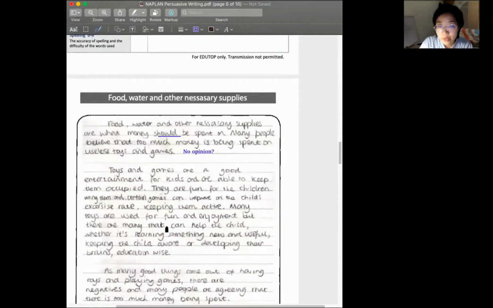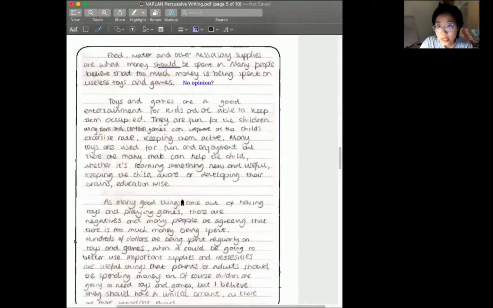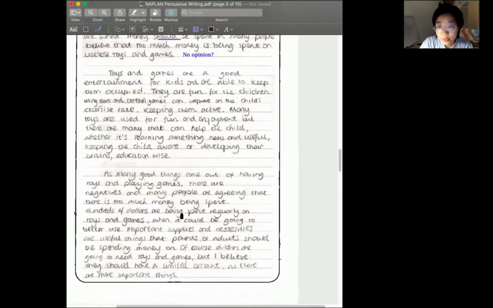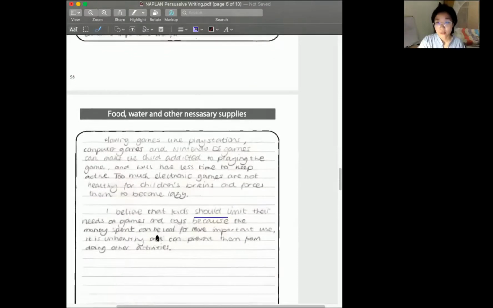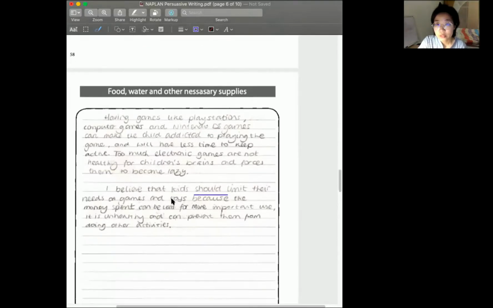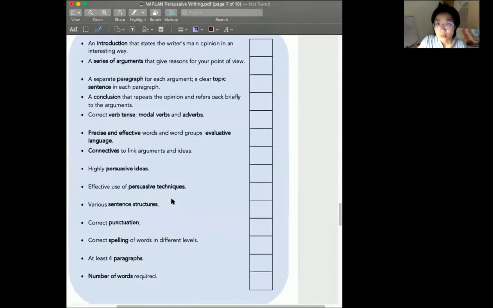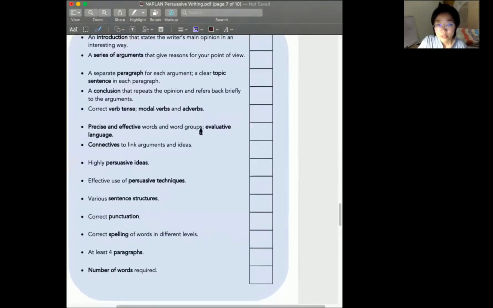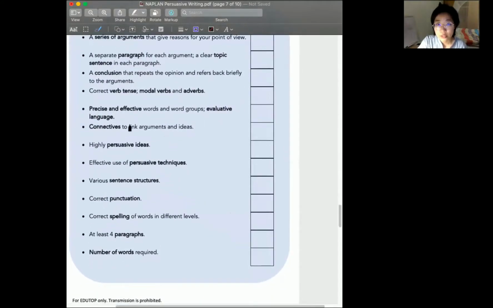So we have modal verbs. How about adverbs? As you can see, there are not many adverbs in this writing. The only one I can find is regularly. Not very much, right? So at least we have some. That's a tick, and it's correctly used.